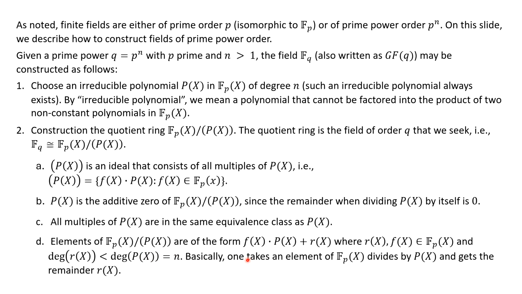So basically we're looking at the remainders being polynomials of degree n minus 1 or less. And that's how we go about finding all the elements in this quotient ring. So this will become a little clearer, hopefully, with an example.